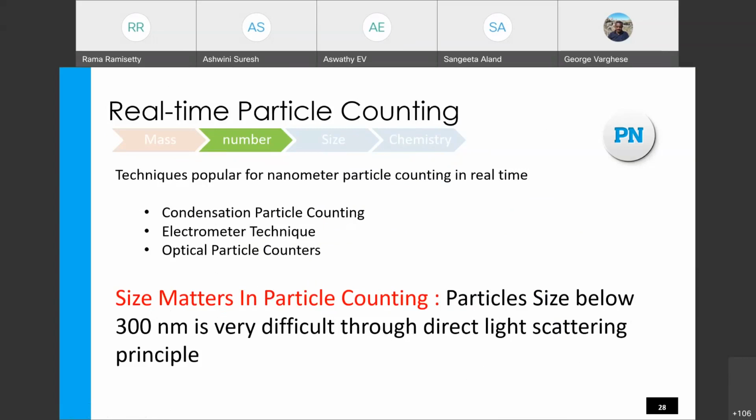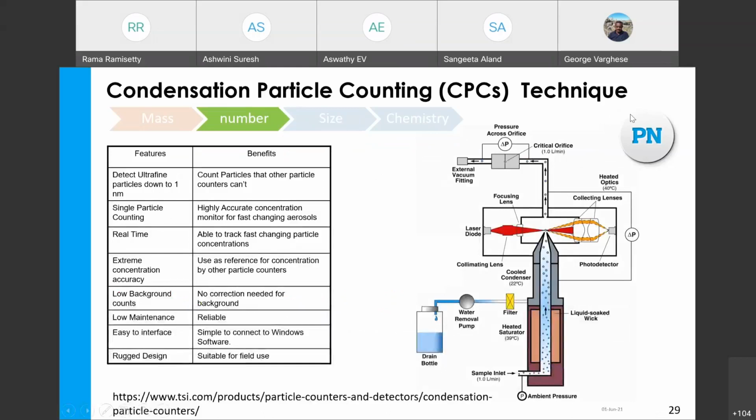People always use the light scattering method for particle counting, because it's cheap and very easy to do. But the problem is that the light scattering method cannot work properly for particles below 300 nanometers. For those particles, we have to use a different technique, which is condensation particle counting.